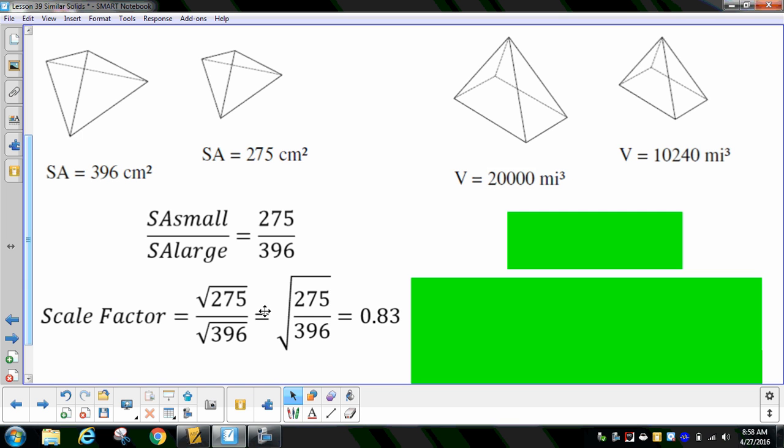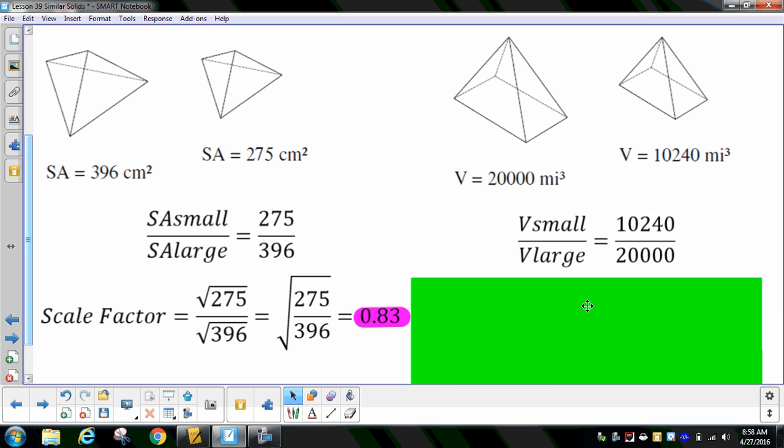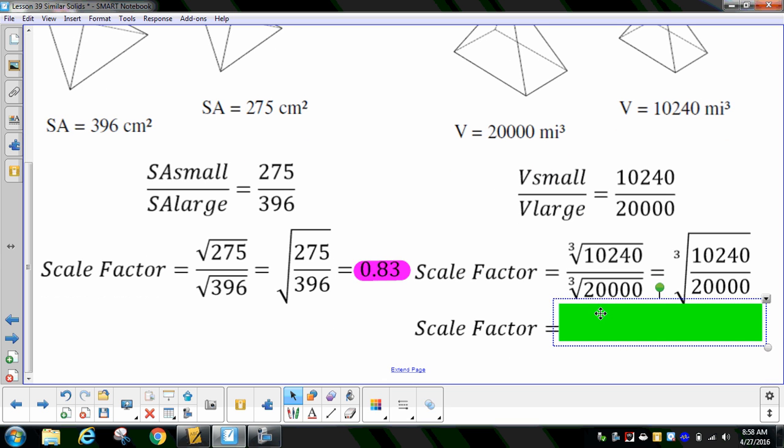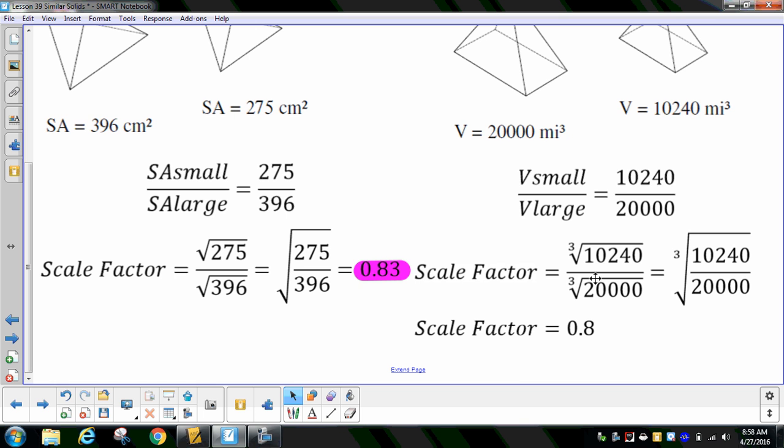I take the square root of that ratio, the square root of 275 over 396, and I get 0.83. For the volumes, I'm going to take the cube root of that fraction, so the cube root of the two volumes, and again, I'm doing small over large, and we get a scale factor of 0.8.